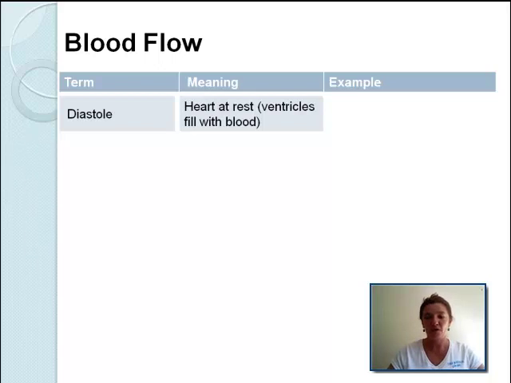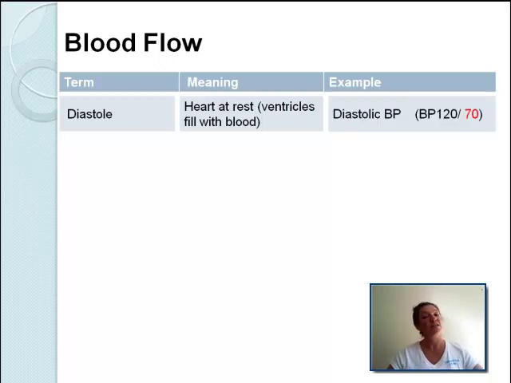A term you may come across would be diastolic BP, referring to your diastolic blood pressure. A blood pressure reading would be something like 120/70. The lower number, when the heart is relaxed, is the diastolic blood pressure. Systole is the opposite.